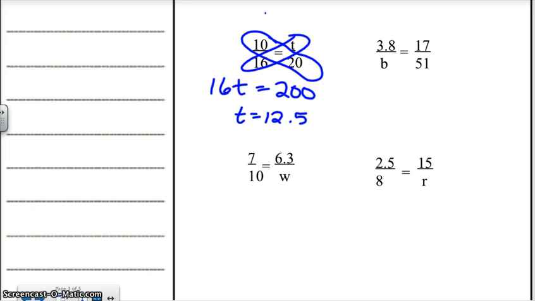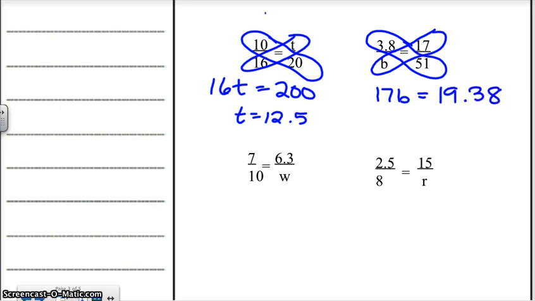Okay, the next one, setting the cross product equal. Again, my personal strategy, I like to deal with the variable first because I like my variable on the left-hand side. So I'm going to say the product of 17 and b, which is 17b, is equal to the other cross product. 3.8 times 5.1 is 19.38.